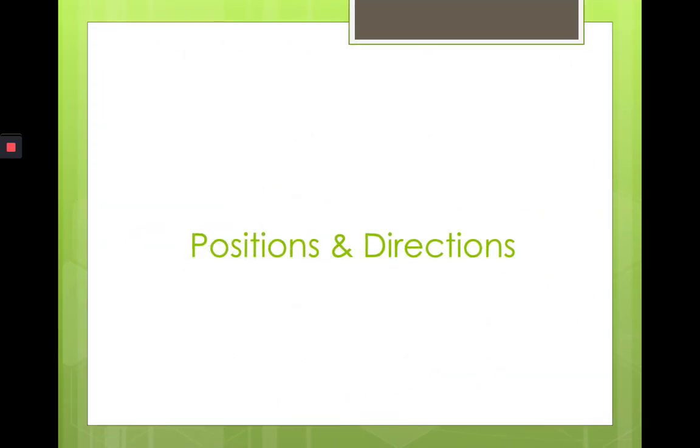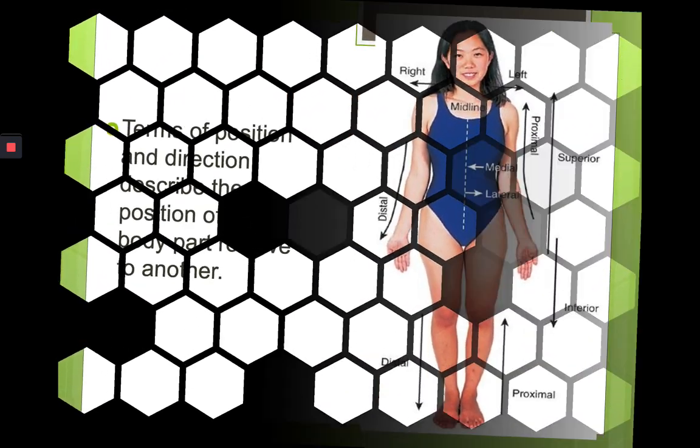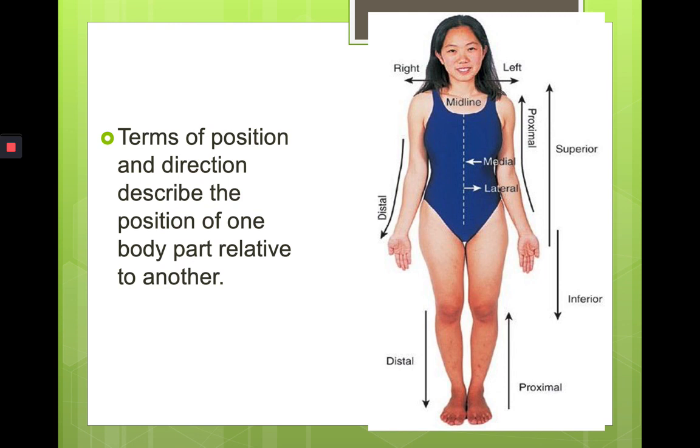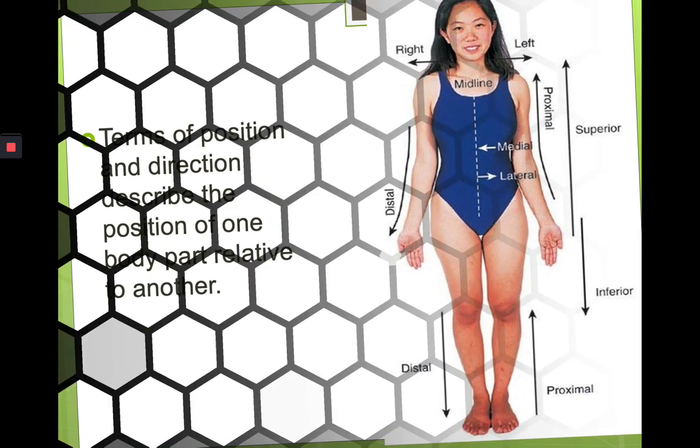So let's start with the different positions and the different directions in the body. Terms of position and direction describe the position of one body part in relation to another body part. Let's look at that a little more specifically.